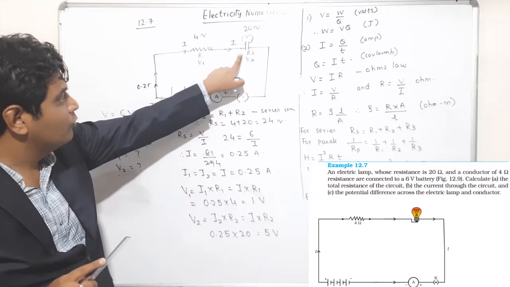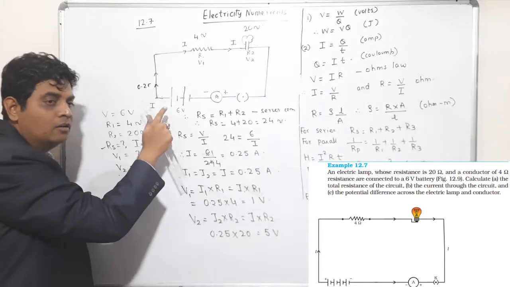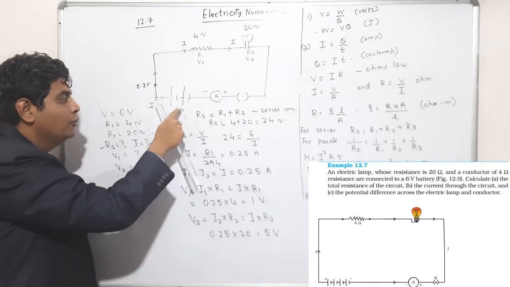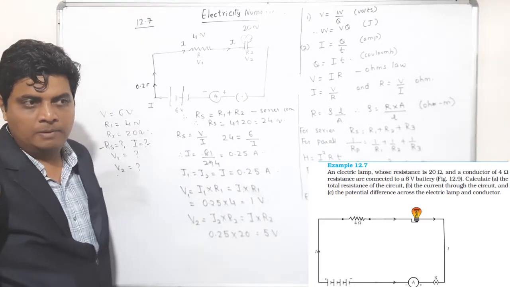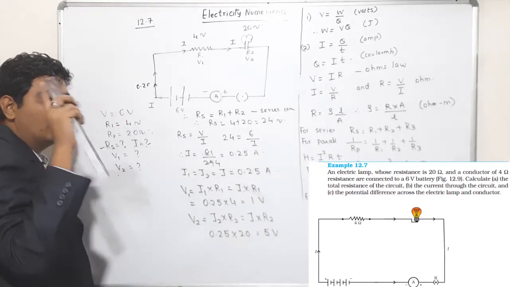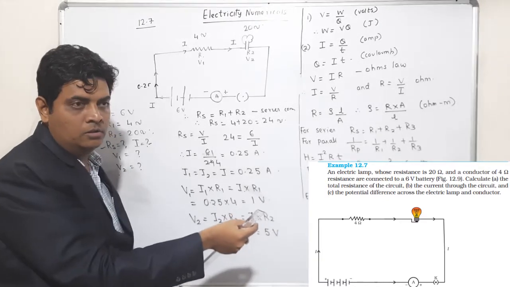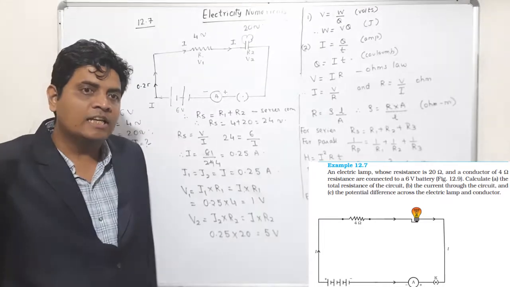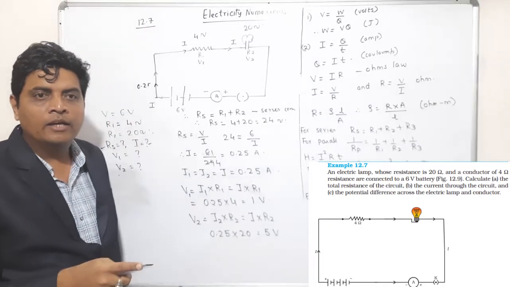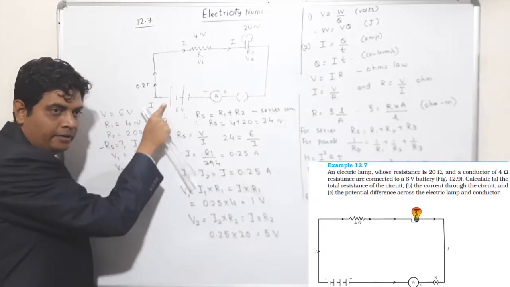If I want V2, I will have to use I2 and R2. Simple. If I want to find I, I will have to use V and the equivalent R. Remember this. Always remember the current of the circuit is the current coming out of the battery. So if you use the voltage of the battery and the equivalent resistance of the circuit, you will get the current of the circuit, whatever is coming out of the battery.